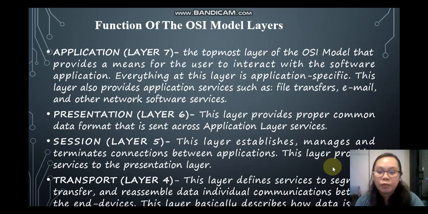This layer provides services to the presentation layer. Transport. This layer defines services to segment, transfer, and reassemble data for individual communications between the end devices. This layer basically describes how data is sent across the network.